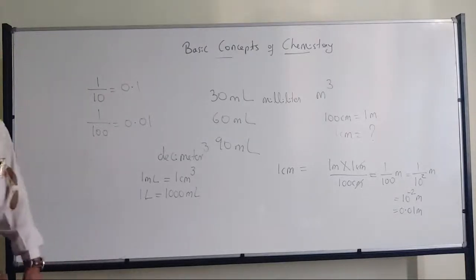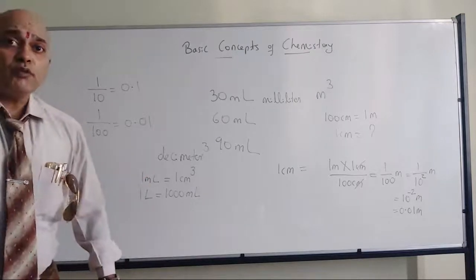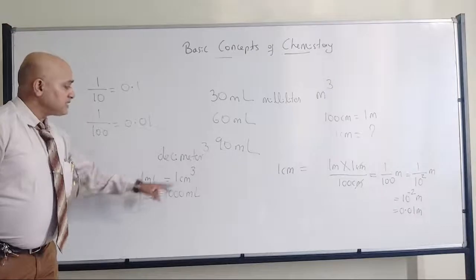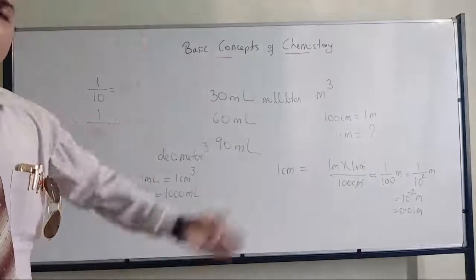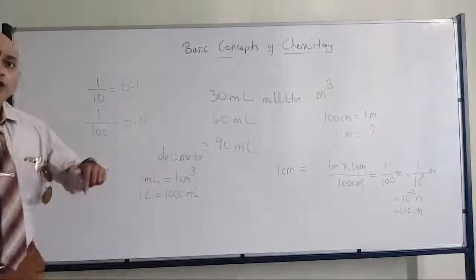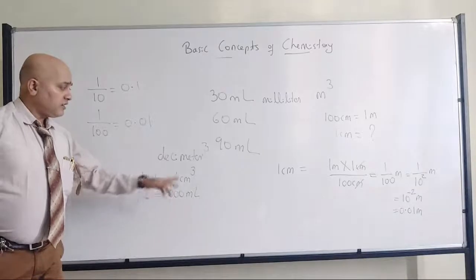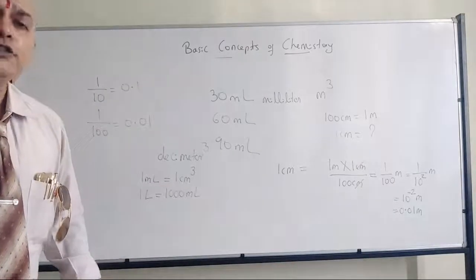Now how are you going to calculate? I have given the information, but I want 1 liter in terms of centimeter cube. I don't want it in ml. I want you to convert them into centimeter cube, because the SI unit for volume is meter cube, or it can be derivatives of meter, that is centimeter cube. How are you going to calculate?